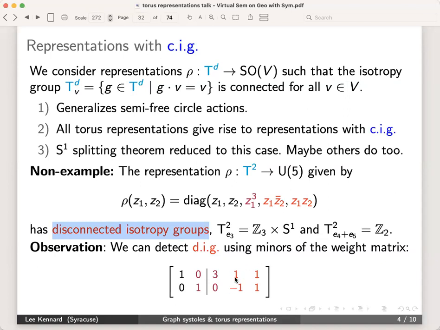That submatrix has determinant 2, plus or minus 2. Either one would detect the fact that there's an order 2 finite isotropy group. This one over here with the 3, if you put it together with this one, for example, you get determinant -3. So that's detecting the fact that there's an isotropy group of size 3.